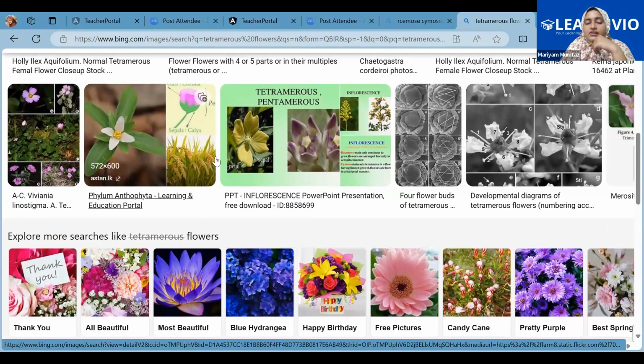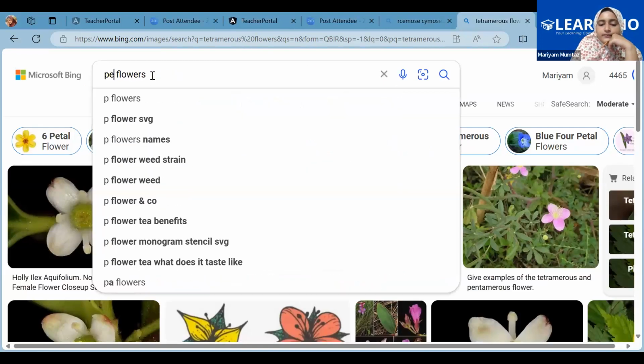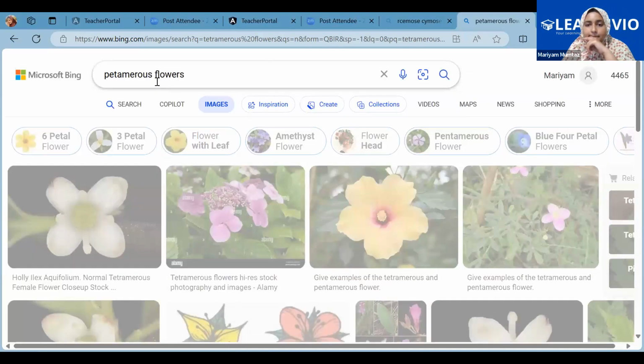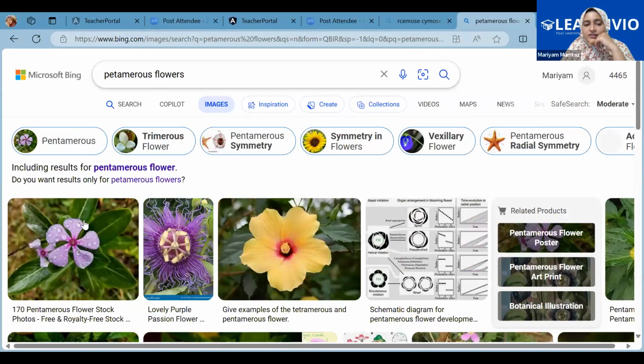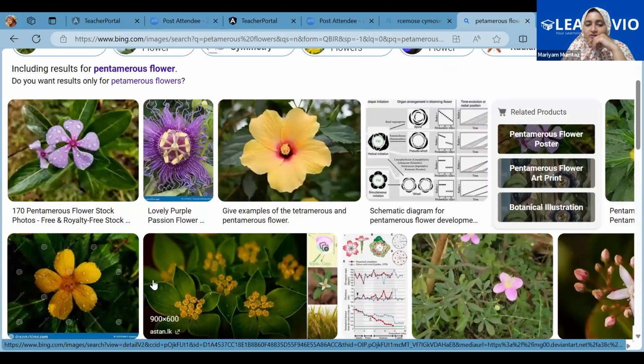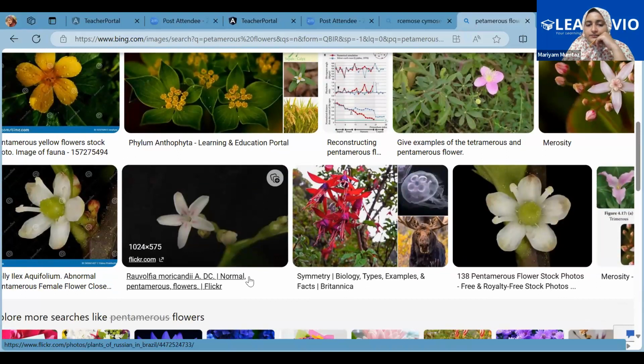Now the last one is pentamerous. They are in multiples of 5. See this one, you might have seen this flower a lot. This is a very common flower. In India also it is very common. So they are in multiples of 5. Clear?